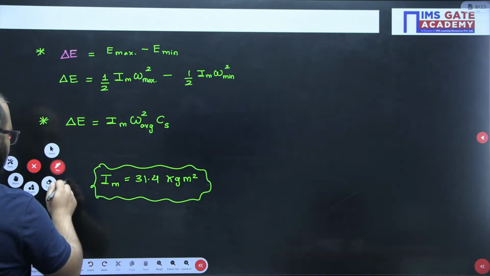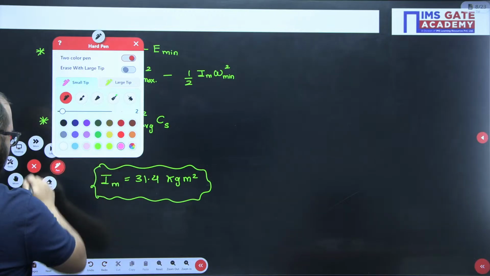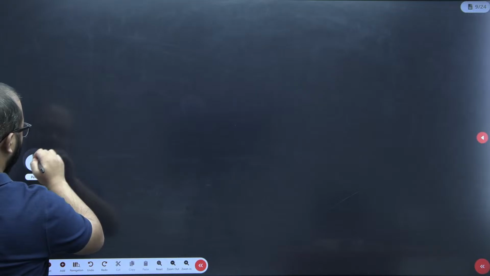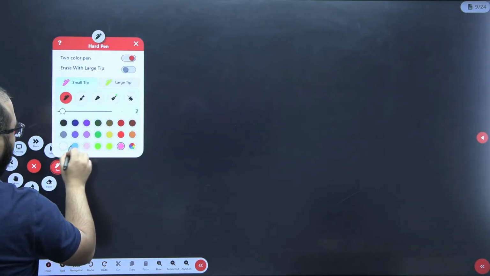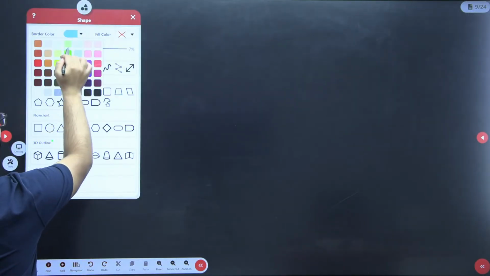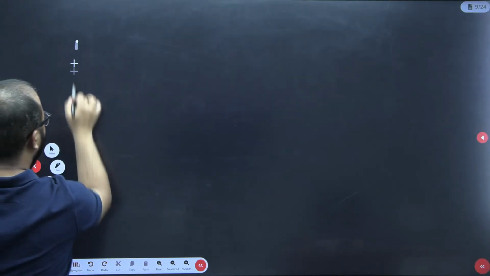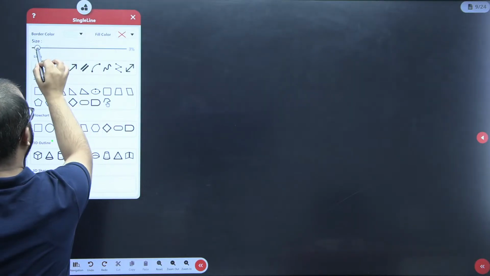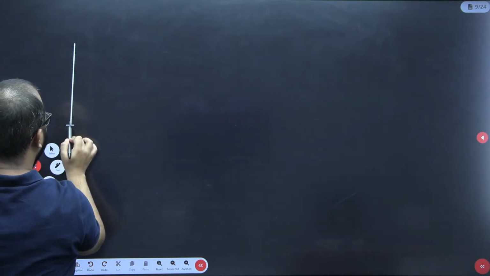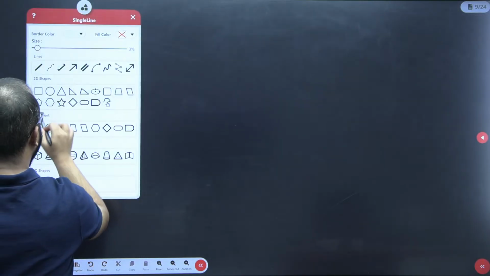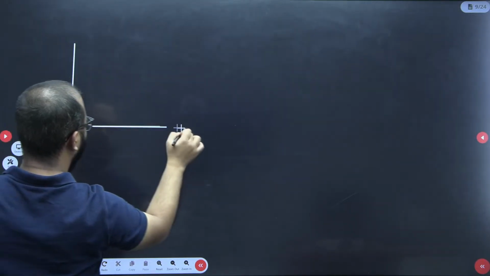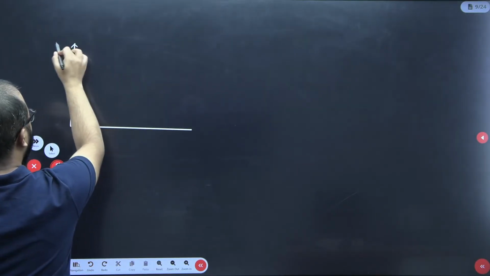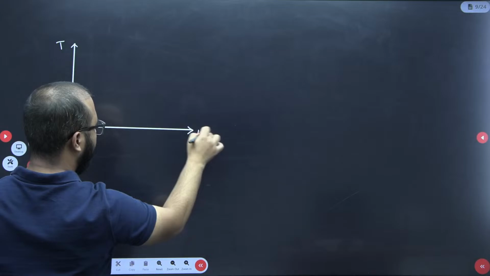Now next very important part, guys, see. Now I hope you remember when we wrote this T theta diagram for the 4-stroke. Right, T theta diagram we have drawn for the 4-stroke.